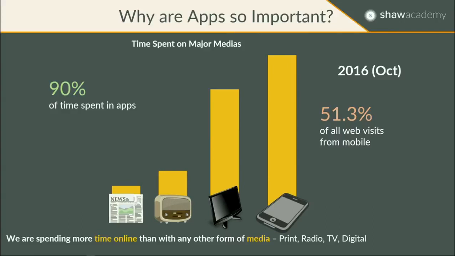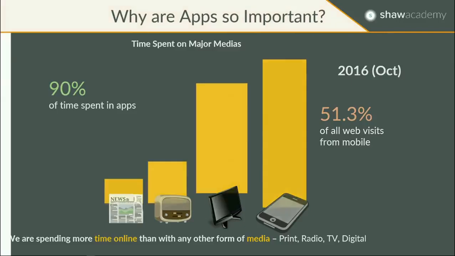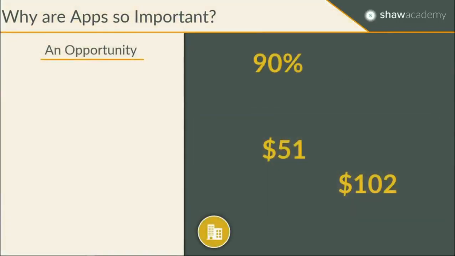But you do need to take a step back every now and again and think about the statistics and how these statistics are achieved. So mobile apps are so important as well because they are an opportunity, and this is why you're all here. You all know that apps are an opportunity. So first of all, they can be an opportunity for business.